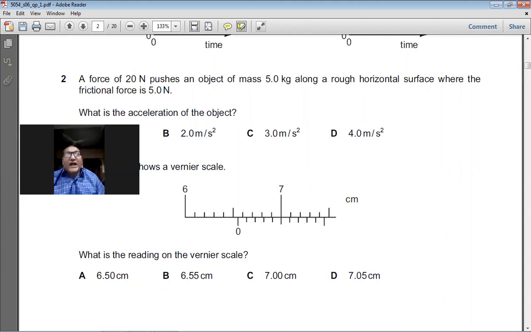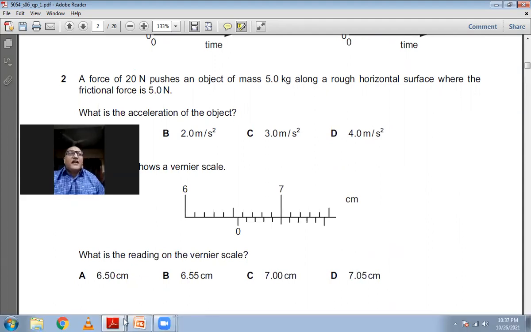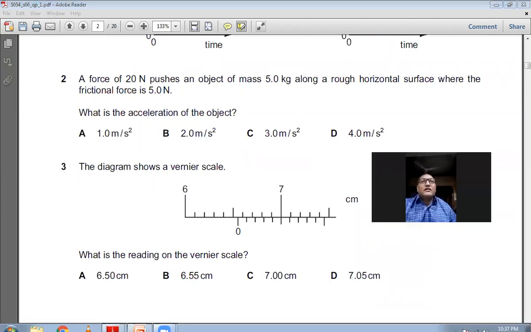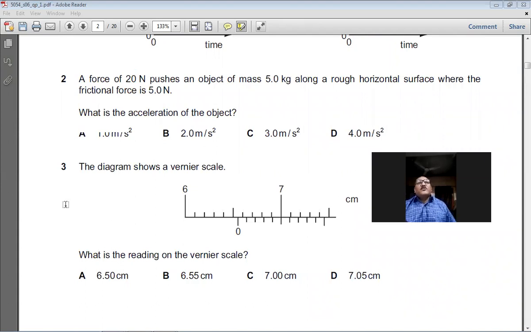We know the applied force is 20 Newton and the friction is 5 Newton. So the resultant force will be applied force minus the frictional force, 20 minus 5, that will be 15 Newton. The mass is given, that's 5 kg.